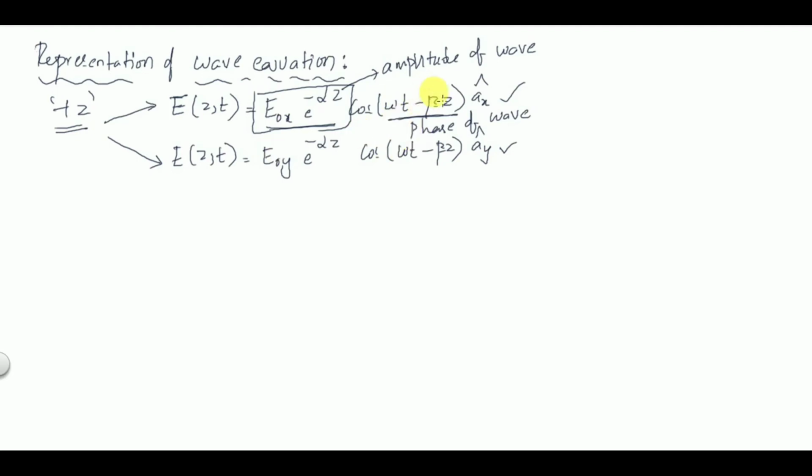So this is the amplitude of the wave. Depending on the different values of alpha, which depends on the medium in which the wave is traveling, we will see different types of mediums and get different values for alpha. If alpha is equal to 0, then there will be no attenuation.